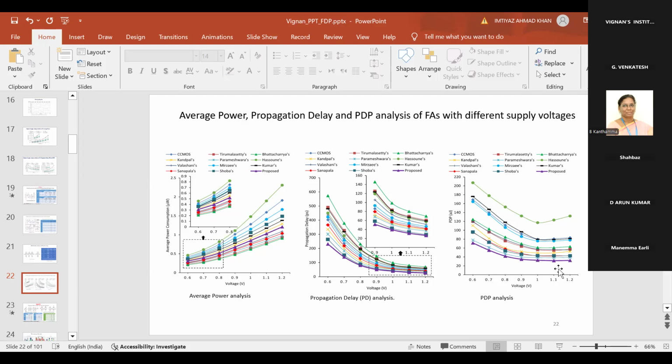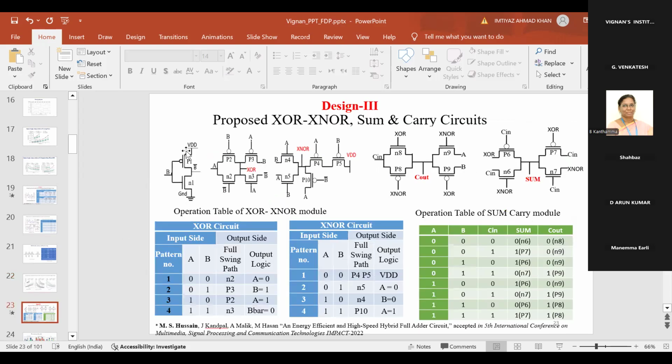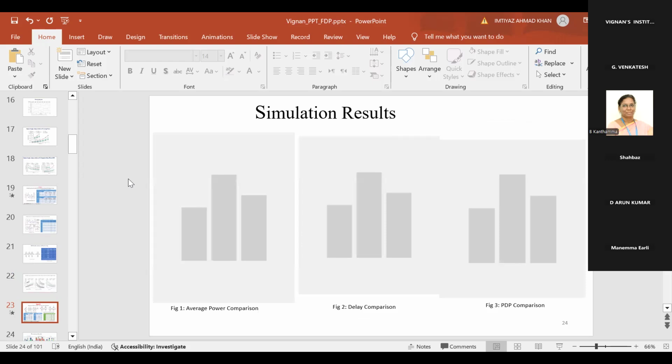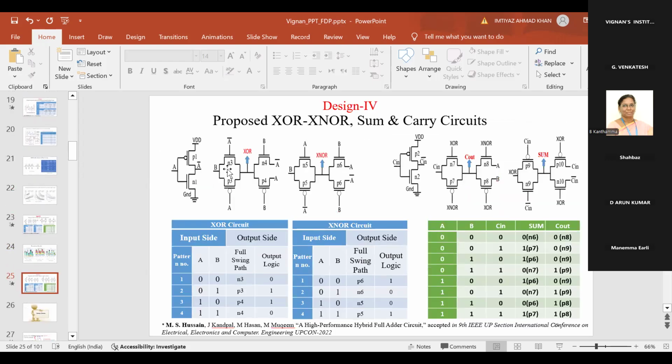But your PDP will always be low at high voltage because current is high, delay is low, and power is high, but delay is the main dependence on PDP. These are two, three, and also four examples which have used parallel XOR and XNOR bases.